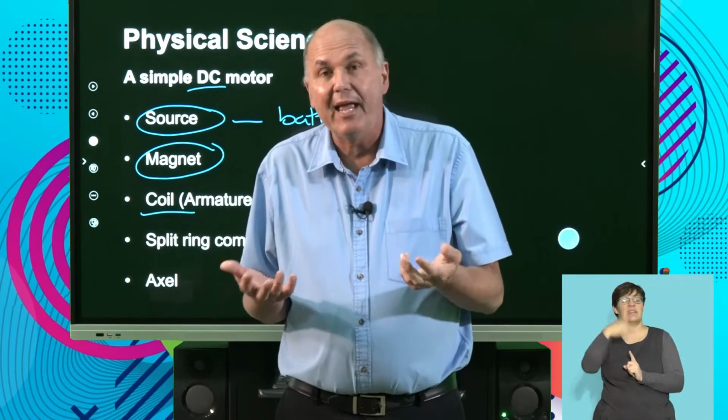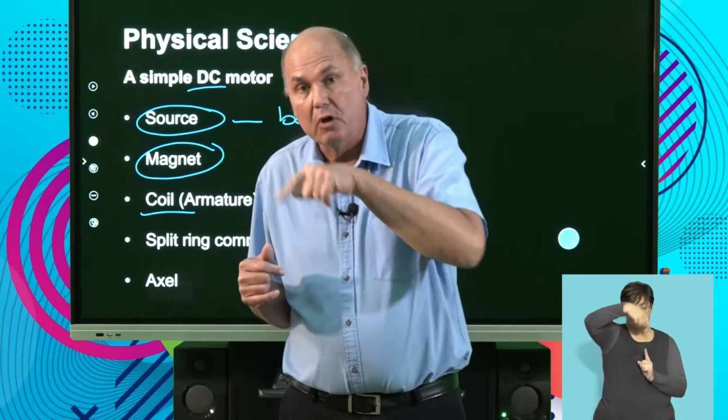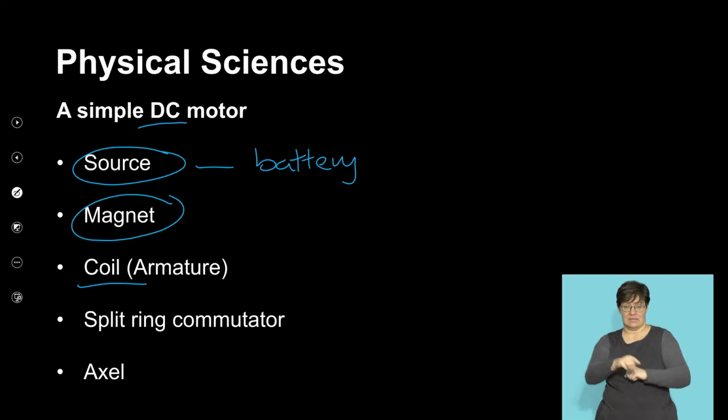It's just another name for it, simply a piece of wire that's looped around inside that space between the magnetic field. And then there's this very important thing. The DC motor has a split ring commutator, and the whole thing also has an axle.